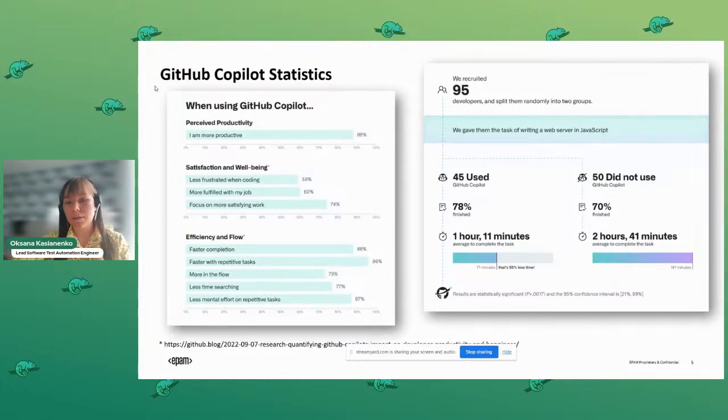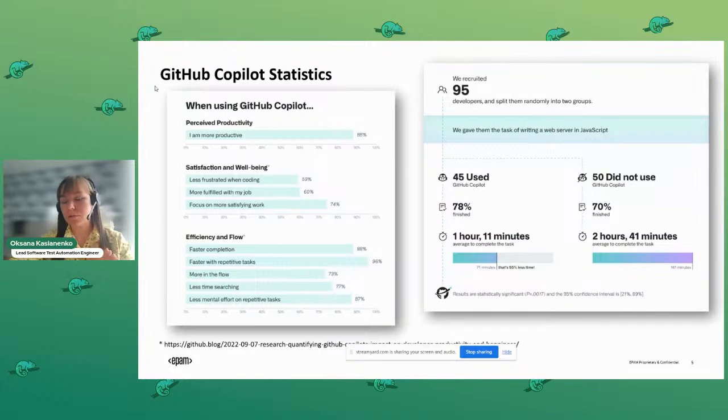On the other picture, you can find the result of an experiment made by GitHub. There were two teams of developers, and the task for both teams was the same: to create a web server using the JavaScript language, and the first team used Copilot.